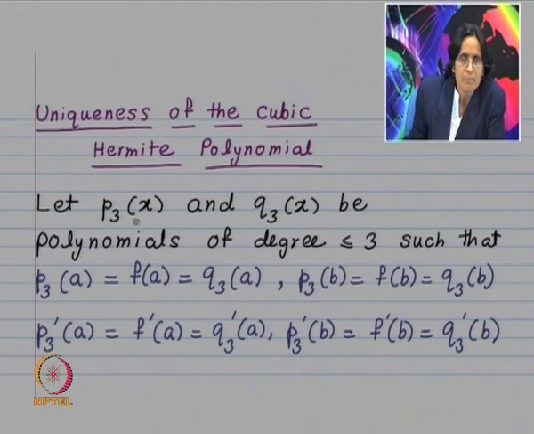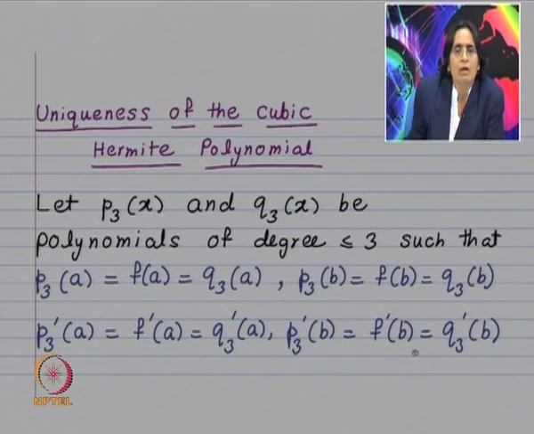So, P3 minus Q3 is a polynomial of degree less than or equal to 3, such that it has a double zero at a and a double zero at b.